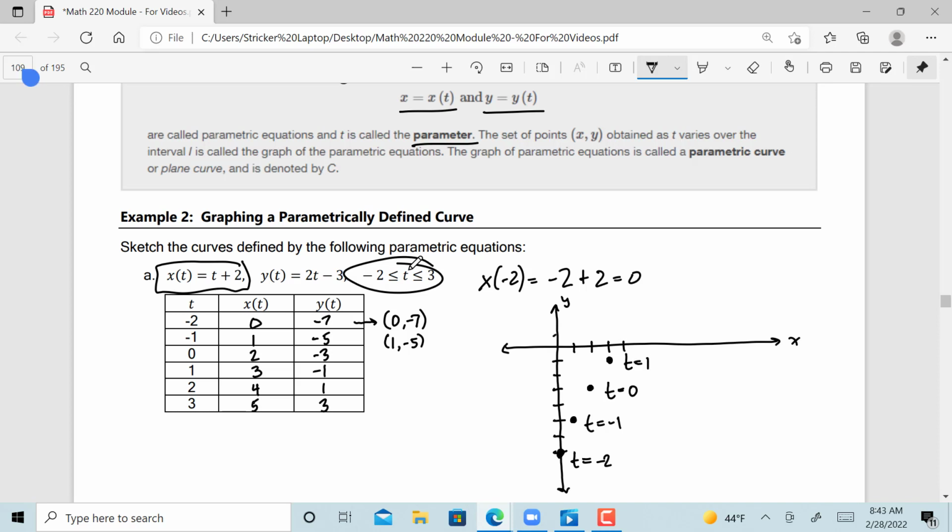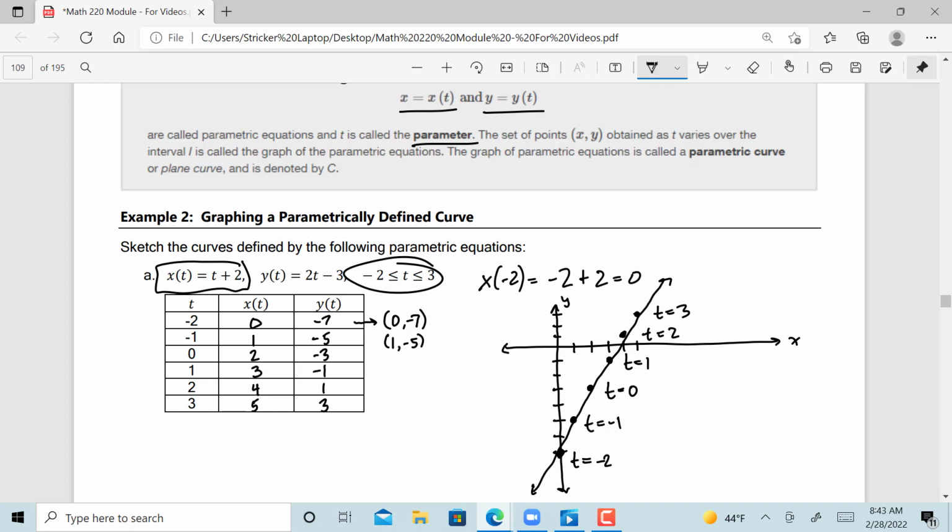We have (4, 1) for t equals 2. And lastly, we have (5, 3) for t equals 3. And you can see that those points make a line.